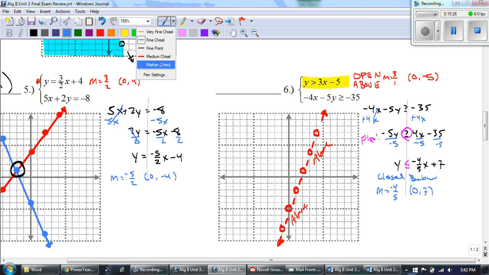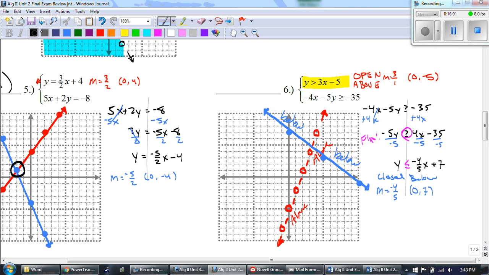So it's 0, 7. I go 1, 2, 3, 4, 1, 2, 3, 4, 5. Those are the only points that I can do. I'm going to connect the lines with a straight edge, have my line go all the way through the graph, and I want to shade below.